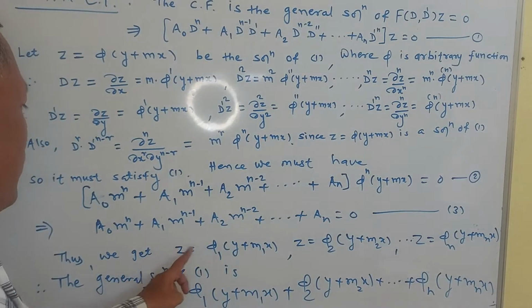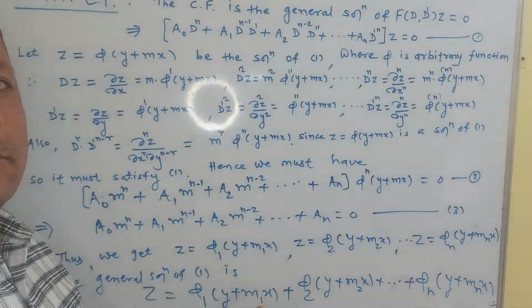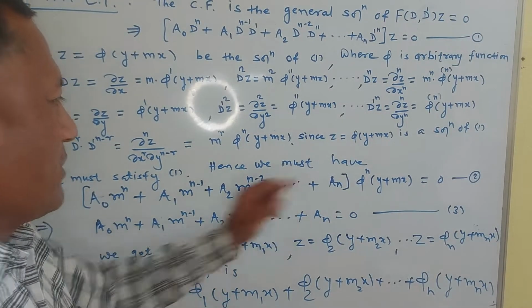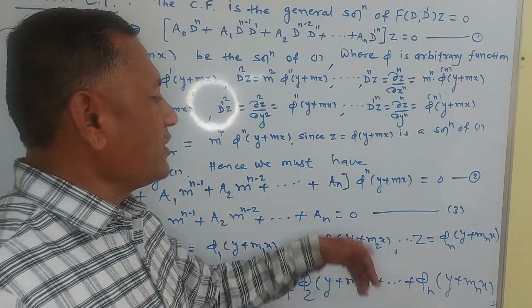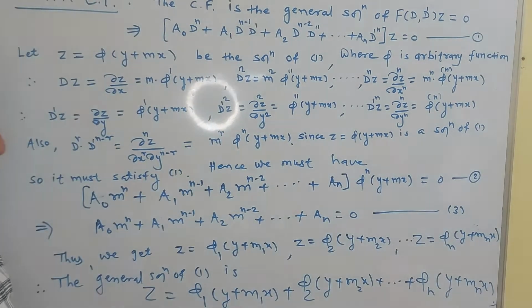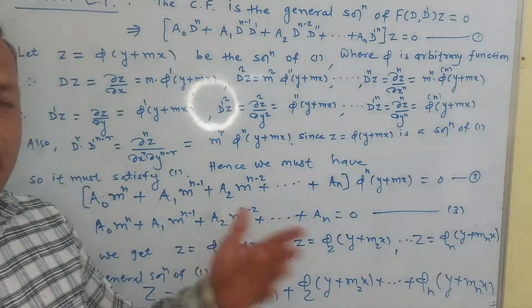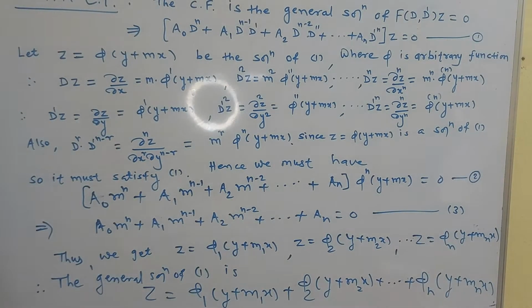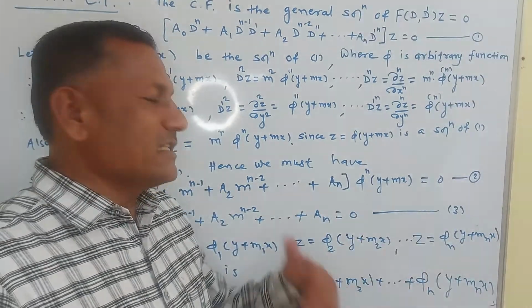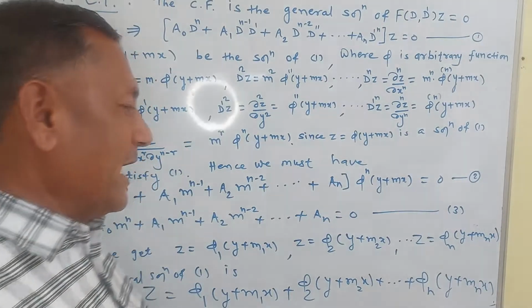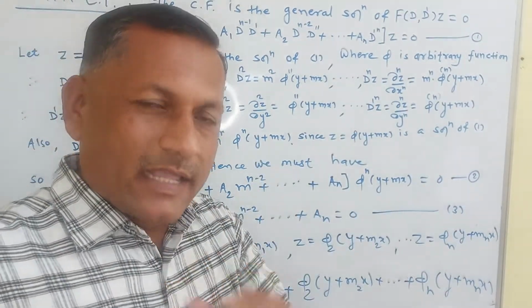Then for m1, z is equal to phi 1 of y plus m1x is one solution of this equation 3. z is equal to phi 2 of y plus m2x is another solution. z is equal to phi 3 of y plus m3x is again another solution. Also z is equal to phi n of y plus mnx is a solution. And you know that phi 1 is a solution, phi 2 is a solution, up to phi n is a solution.